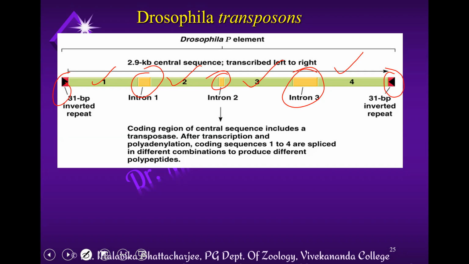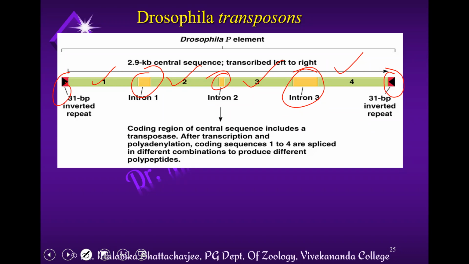Now looking at the P element, the P elements vary in size. The largest are around 300 base pairs in length. The structure that has been shown here is a complete intact P element. The P element possesses a gene called transposase.